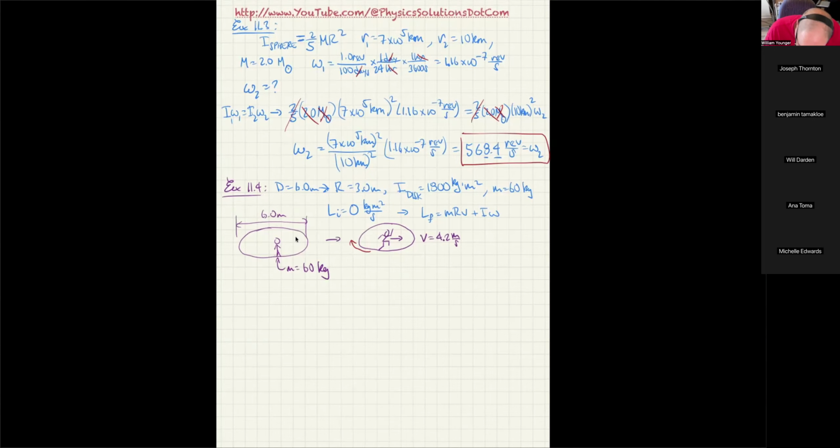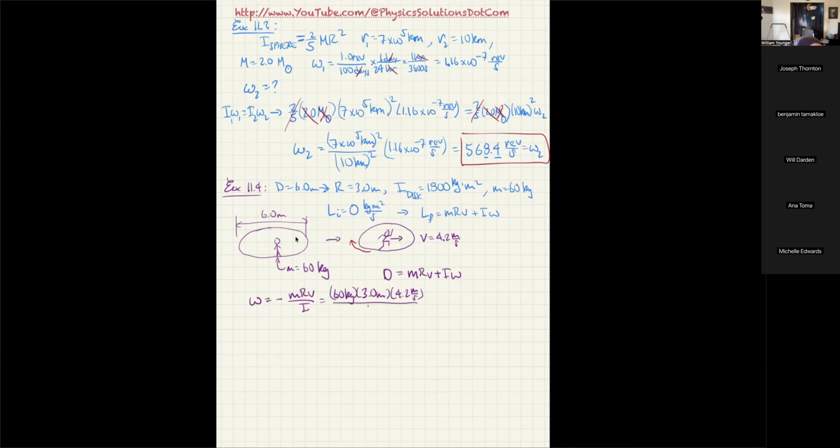We're going to say 0 is equal to mrv plus I omega. That means omega is going to be equal to negative mrv over I. The m is 60 kilograms. The r is 3.0 meters. The velocity is 4.2 meters per second.